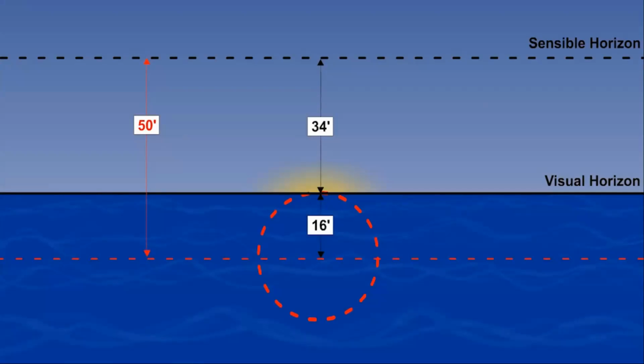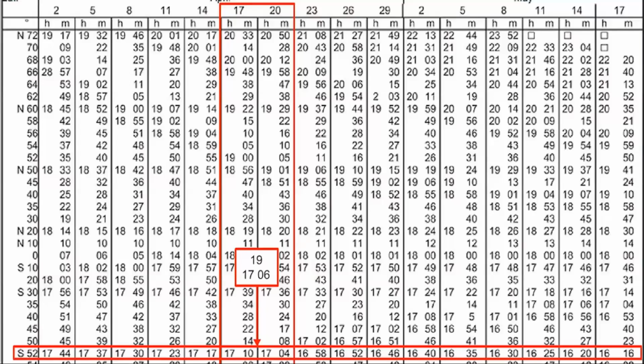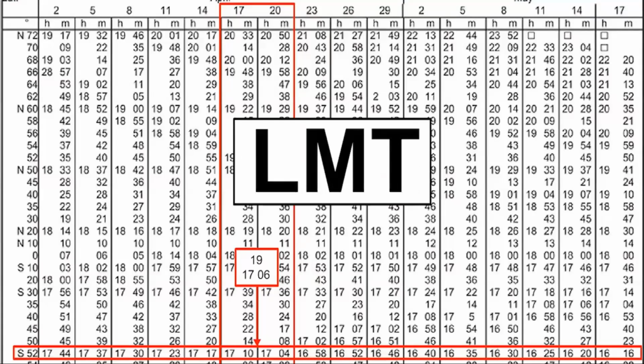It always makes at least 3 minutes difference at both ends of the day. We saw how to look up the times of sunrise in the Air Almanac. But these are local mean times. To make them useful to us, we have to convert to UTC, and then possibly to standard time if required.